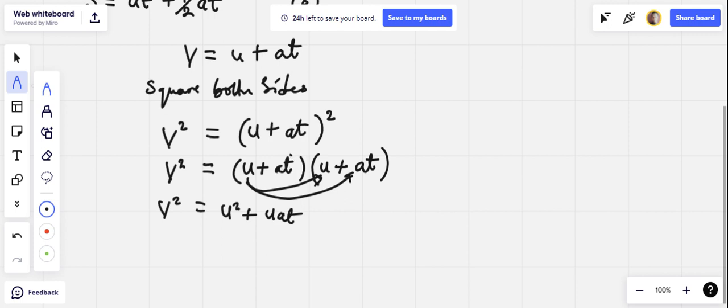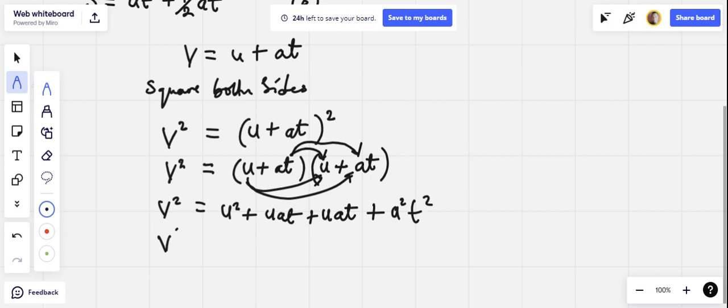This will be AT times the first term in the second bracket, U. That will give us plus another UAT. And then this same AT will multiply with AT here, that's the second term in the second bracket. That will be plus what? A squared T squared.